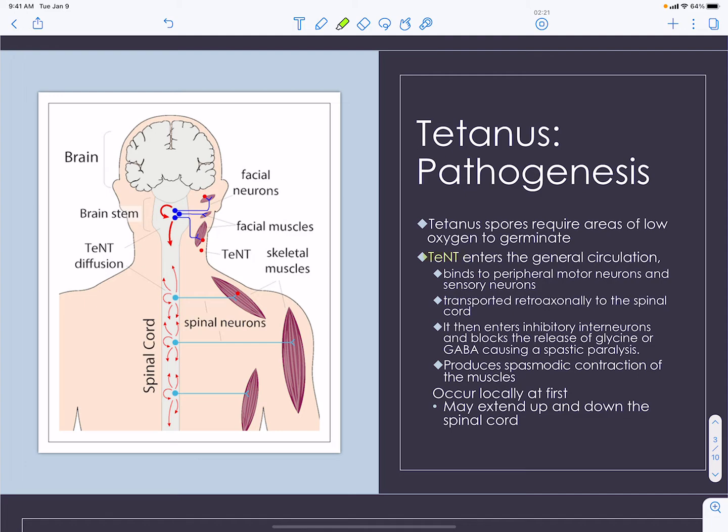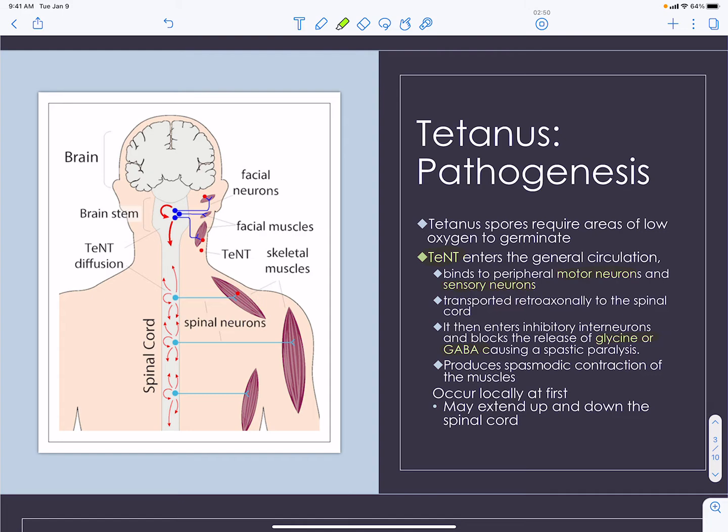The tetanus toxin, which is TeNT, tetanus neurotoxin, is going to enter the general circulation, and it's going to find your motor neurons and sensory neurons. It's going to be spread retrogradely to the spinal cord, and then it enters your inhibitory interneurons and blocks release of glycine or GABA.